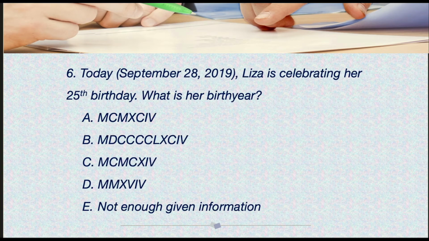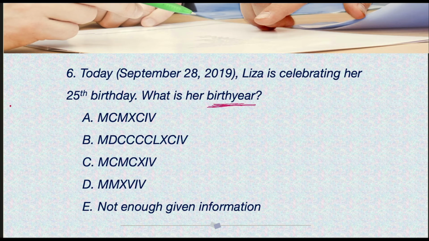Number 6. Today, September 28, Liza is celebrating her 25th birthday. What is her birth year? The question is only the year, not the date, but the year. This is a very easy question, but sometimes it's confusing because the choices are given in Roman numerals.